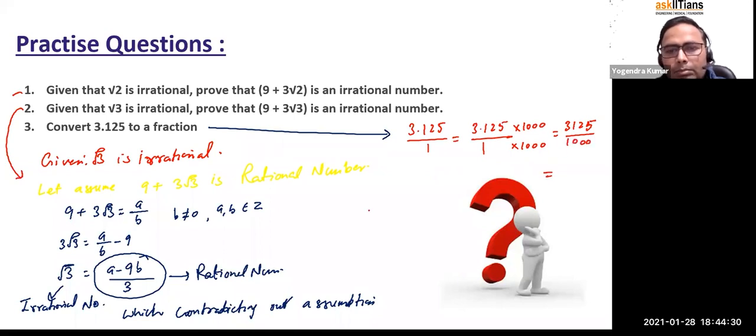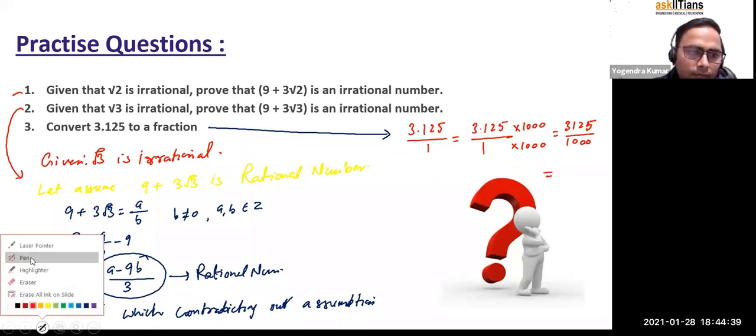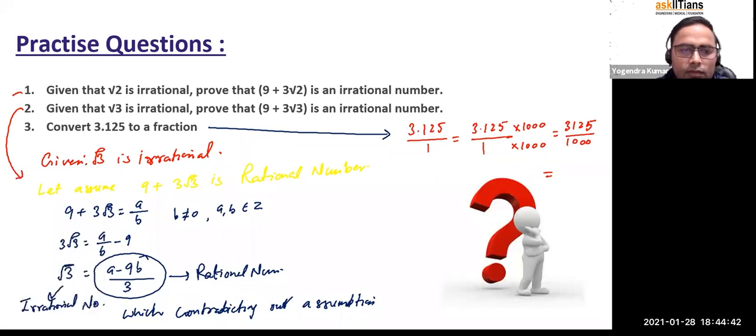Now let's simplify it, okay? We can simplify, right? Yes, so simplification can be done by 5, then 5 again, and then 5 again, right? 25 times 25 divided by 4, right?